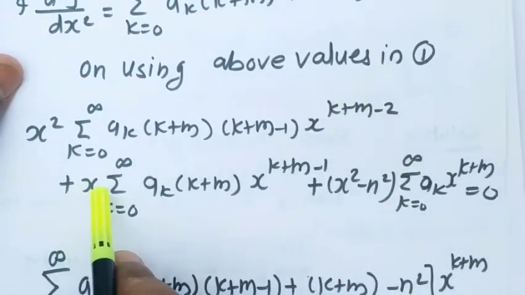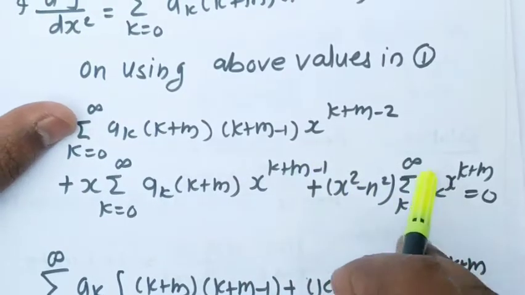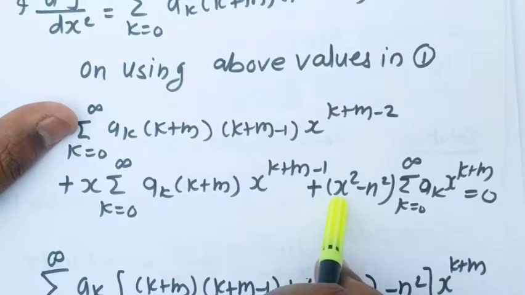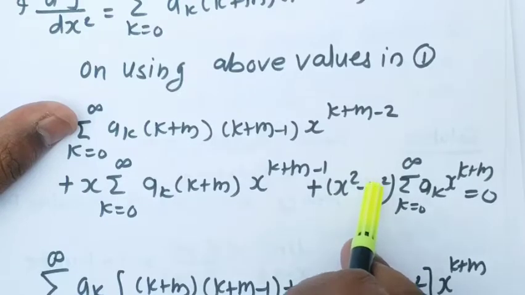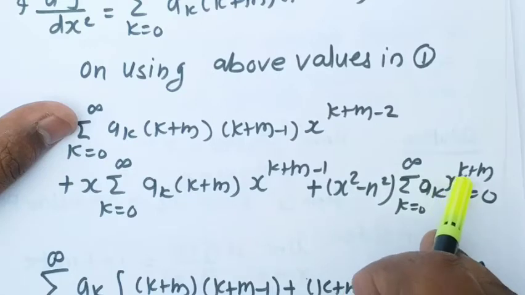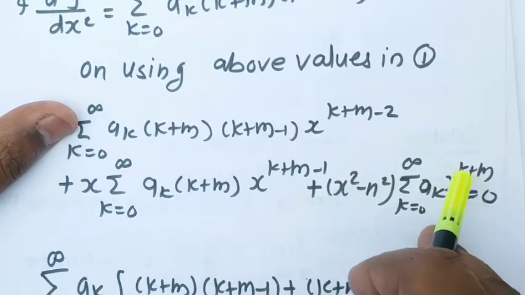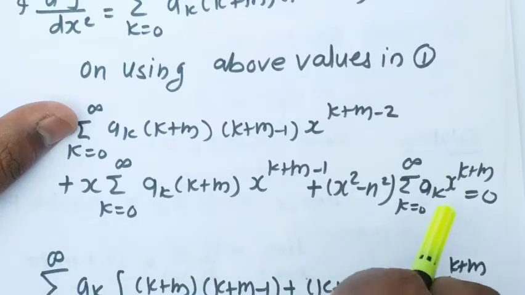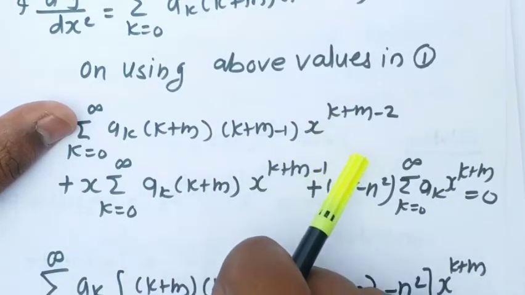If you multiply by this x inside, we'll get here x raised to k plus m. Here also we'll obtain two series after multiplication, one after multiplication by x square, one after multiplication by minus n square. So when we multiply by minus n square, the power of x will be k plus m, and when we multiply by x square, the power of x will become k plus m plus 2. So there will be 1, 2 and 3 series which will have the power of x as k plus m.